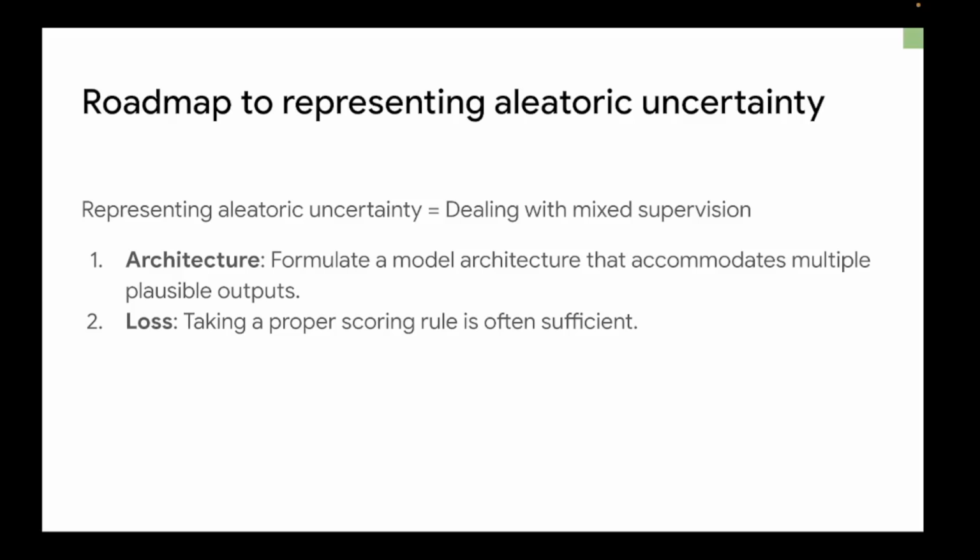There are two ingredients for modeling aleatoric uncertainty. One is architecture, and the other one is the loss function. Architecture-wise, you have to devise a model architecture which admits multiple plausible solutions, first of all. And in terms of loss, you have to use a loss function which is encouraging the model to faithfully represent the true distribution of the outputs given the input.